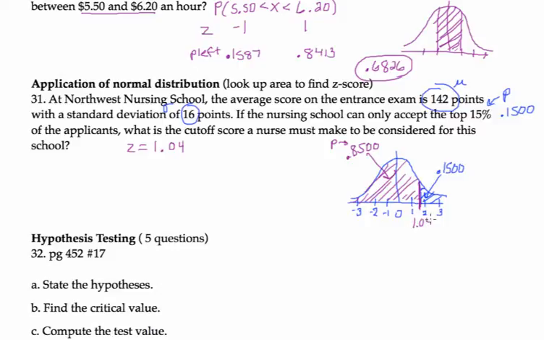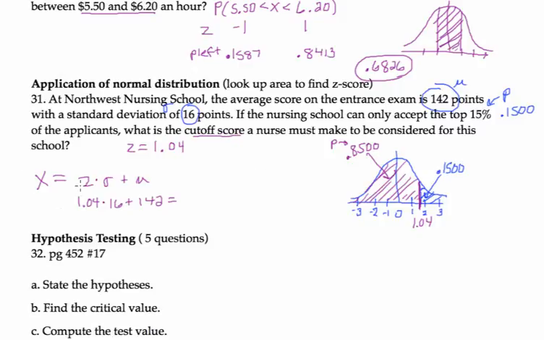That's our z-score. Now that doesn't really help us much because we want a data value. We want the cutoff score, what I have to get on the test to get in that top 15%. So then we use our formula, which changes a z-score into a data value. The data value is the z-score times the standard deviation plus the mean.